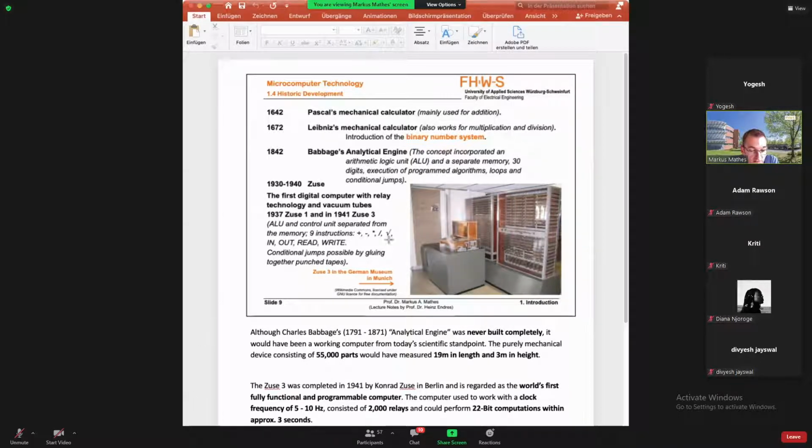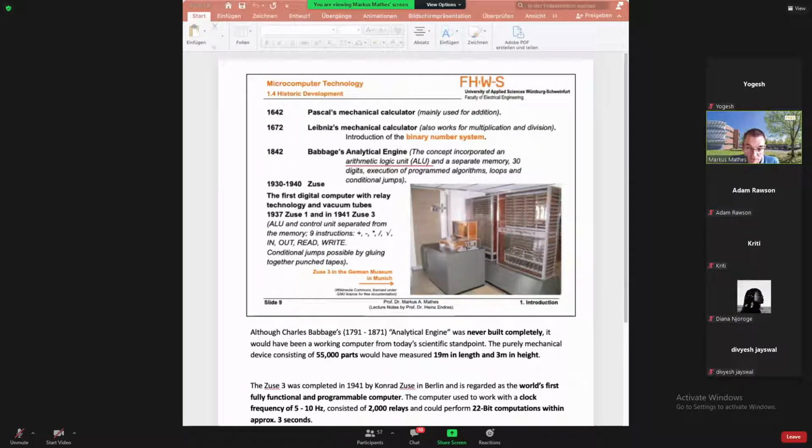You can, if you want, double underline this term, because this ALU, in German we simply call it ALU, this arithmetic logical unit, is one key component within your CPU, and we will also construct a very easy ALU, so you will get the overall approach. So we've got an ALU for arithmetic and logic operations, and we've got a separate memory.